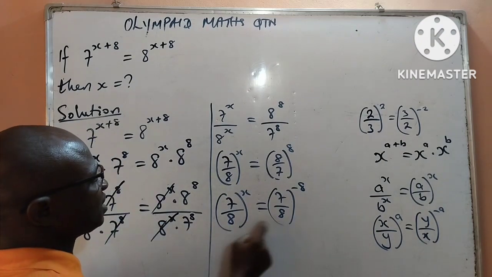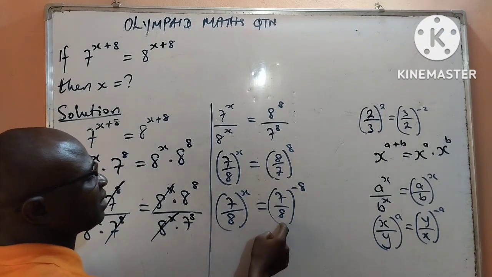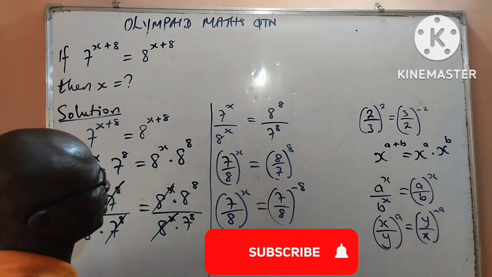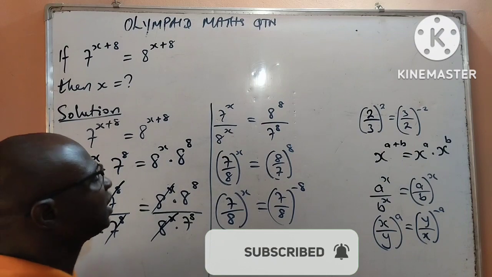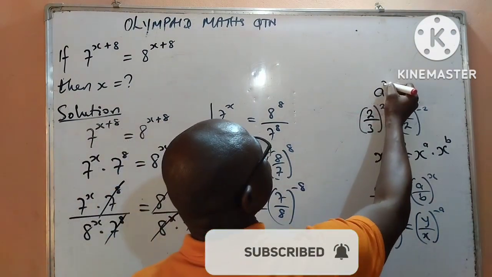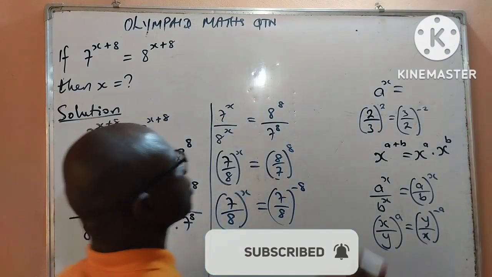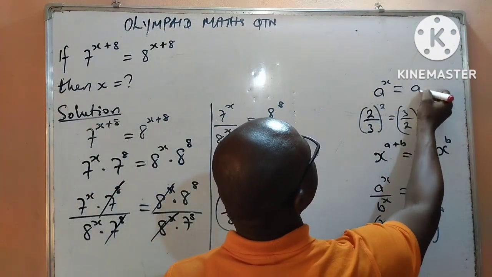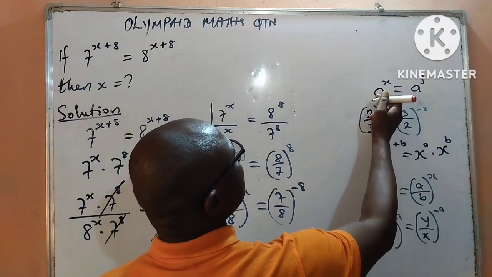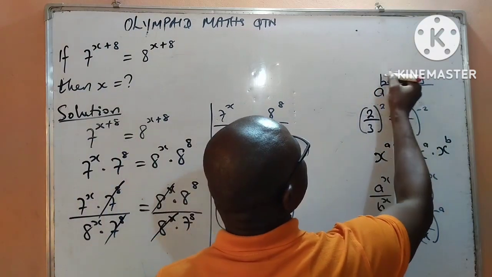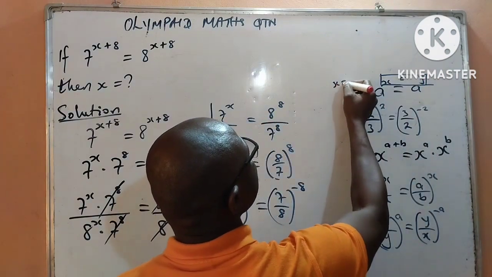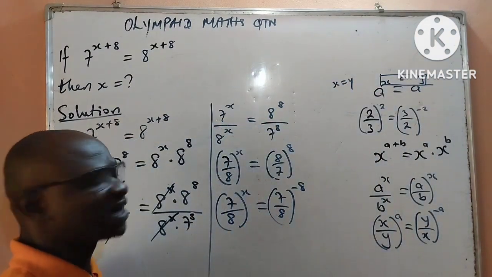Because I want the bases both by the left and the right hand side to be equal, so that I can now apply the law of indices that says that if I have a to the power of x equal to a to the power of y, because the bases are equal, automatically the powers will now be equal. We can now say that x is equal to y. That is what we want to achieve.